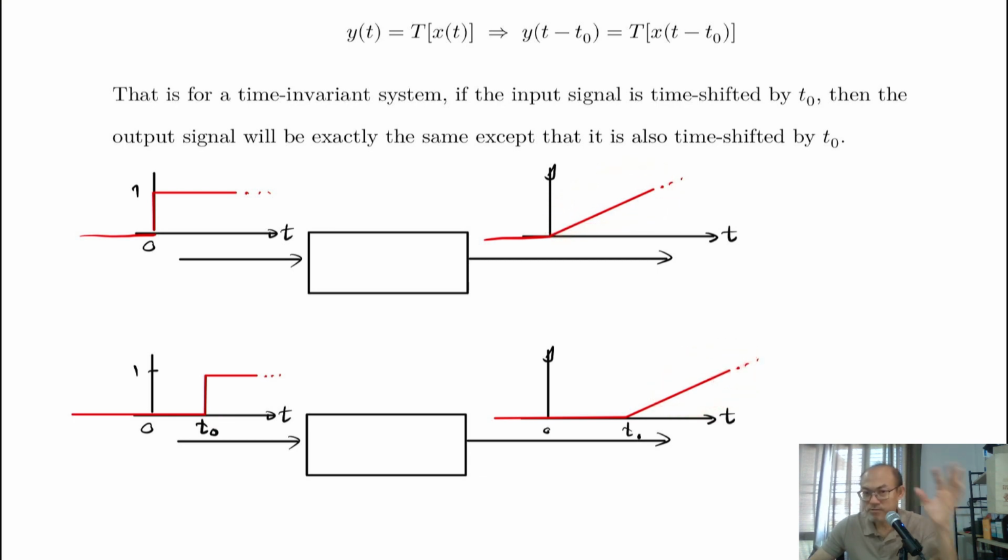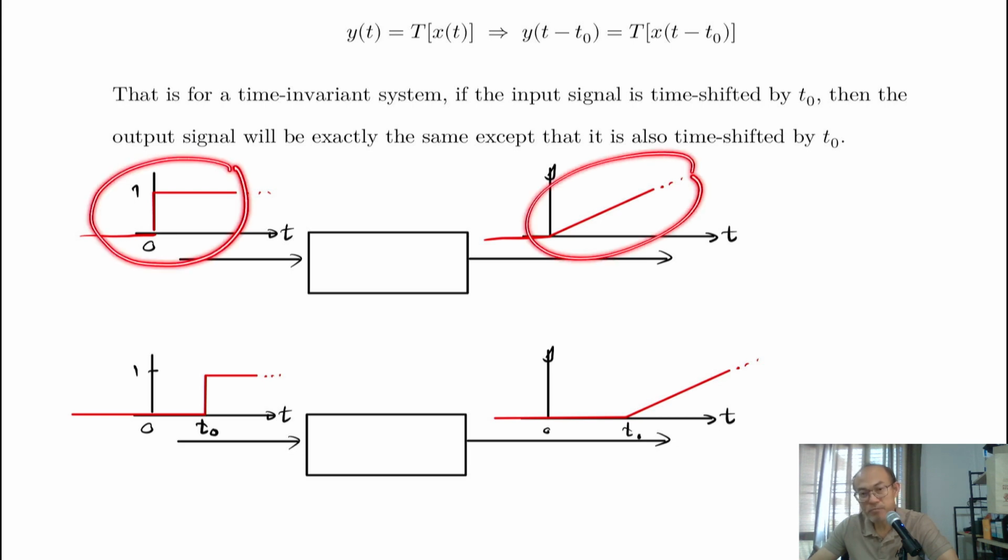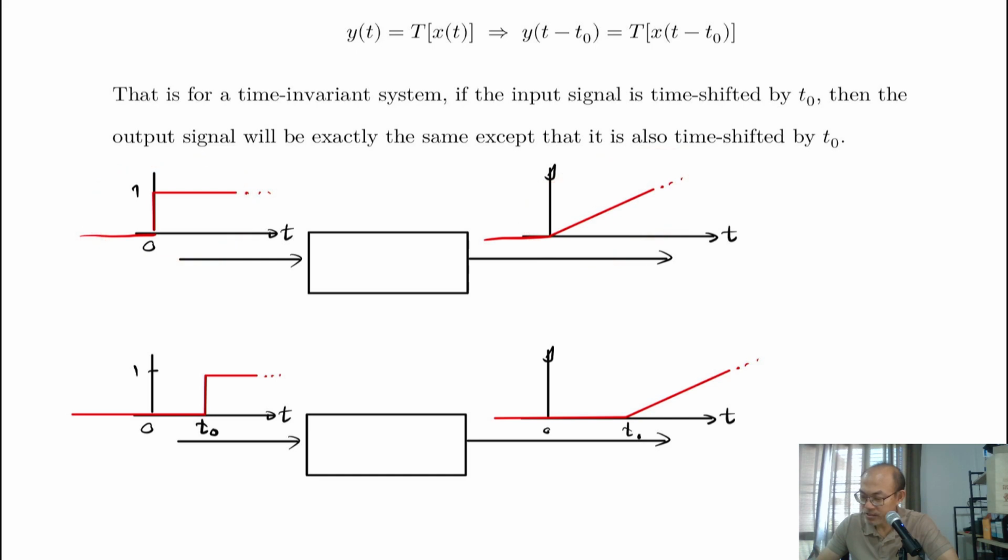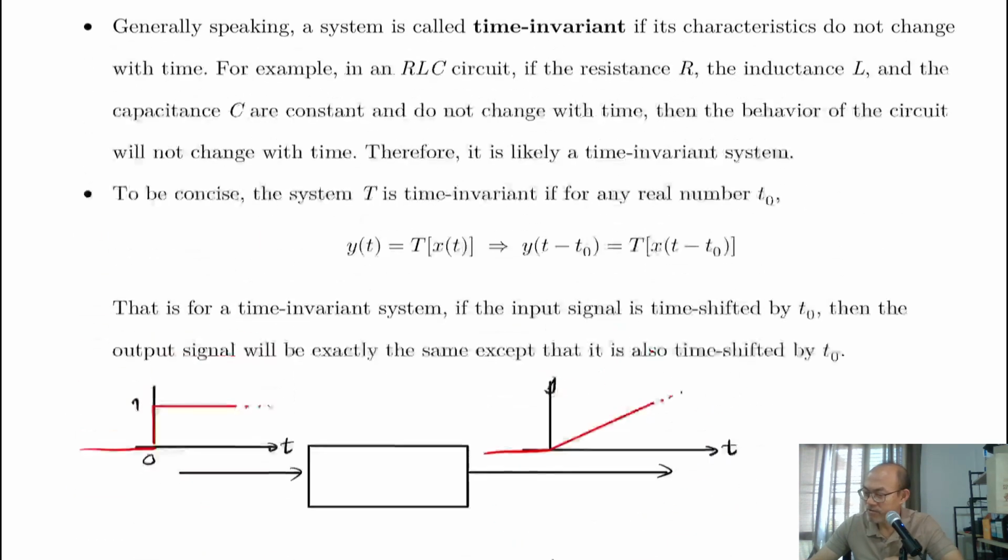When this happens for every input signal, the system would be called time invariant. The system doesn't change with time. Whenever it sees the unit step input, it will give out the unit ramp output. So this is what it means by time invariant.